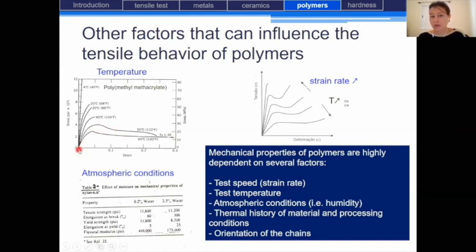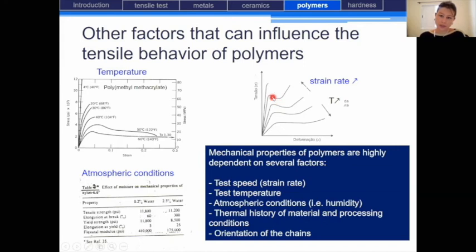When the material is used below its glass transition temperature, it becomes much more brittle because the chains do not have mobility anymore, and it gets worse when we decrease the temperature again to very low temperature, for example, in that case, 4 degrees C. So the tensile behavior of polymers is also highly related to temperature, and this should be directly compared to the thermal transitions of these polymers.